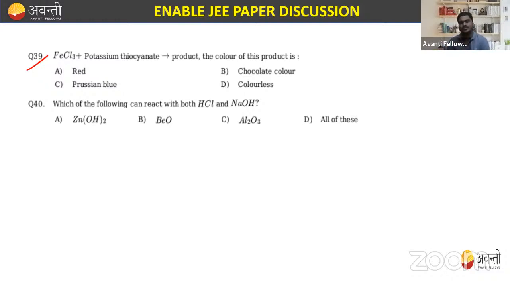Yeah. Zn(OH)2, BeO, Al2O3, all of the above. Good. So the correct answer here is all of the above, because Al2O3, Zn(OH)2, BeO, they are all amphoteric oxides. Whenever they are treated with HCl and NaOH, they will form all of these, depending upon the requirement.